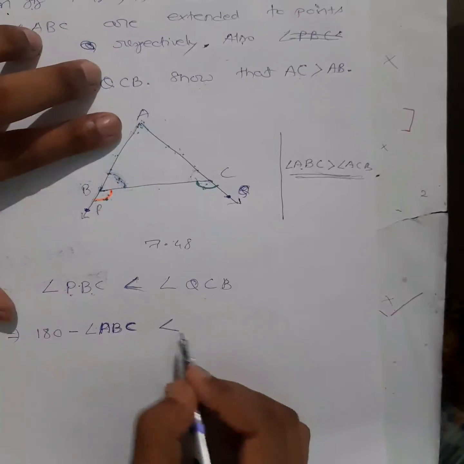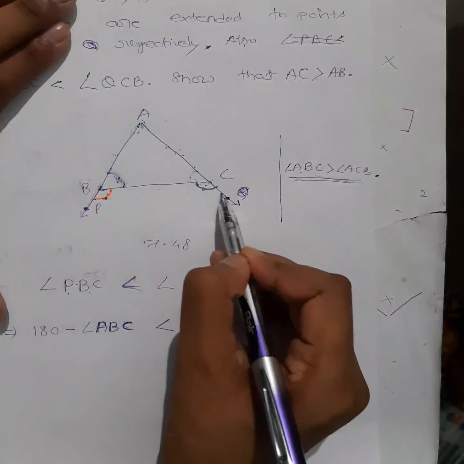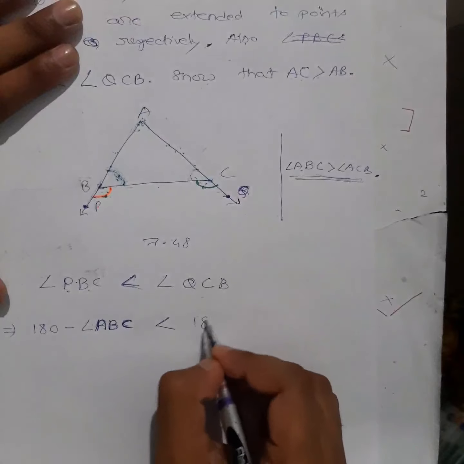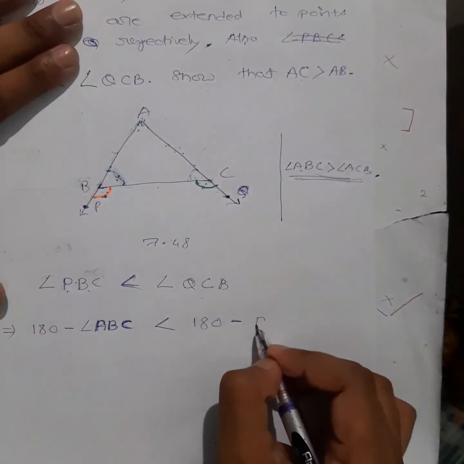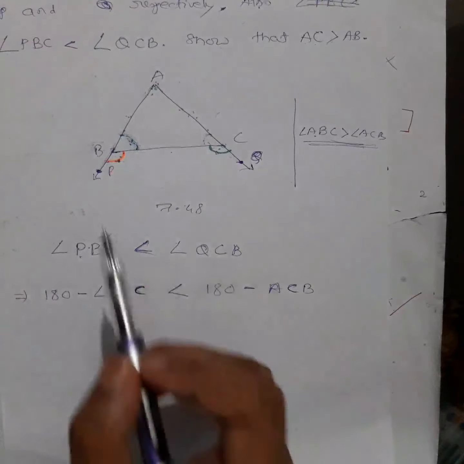Okay, less than, and in place of QCB, can I write 180 minus this one? Same, 180 minus ACB, right?